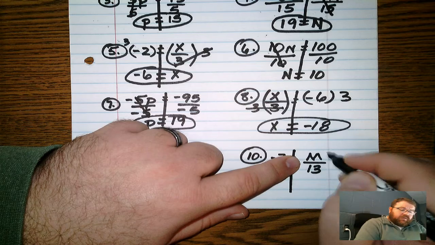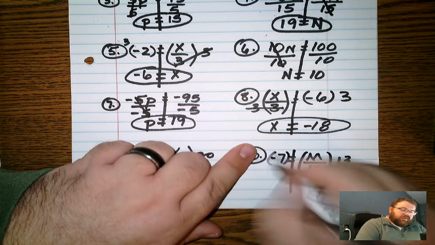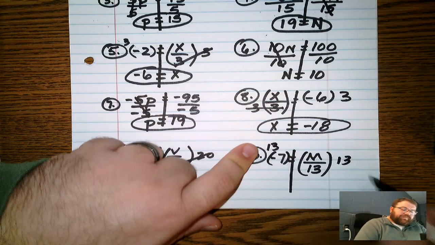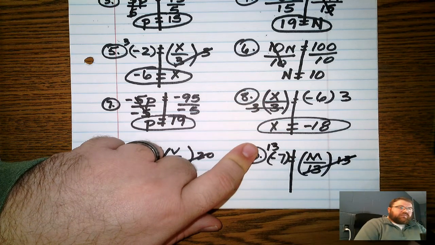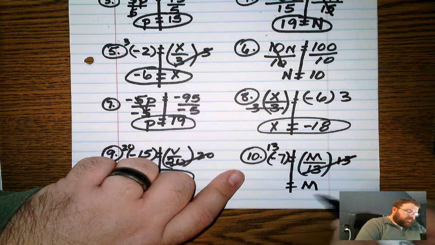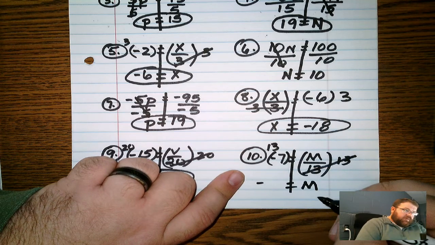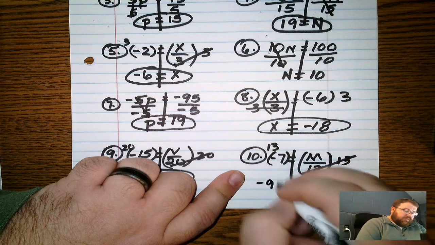So the inverse of division is multiplication. So I'm going to multiply both sides by 13. These cancel. M is equal to negative 91.